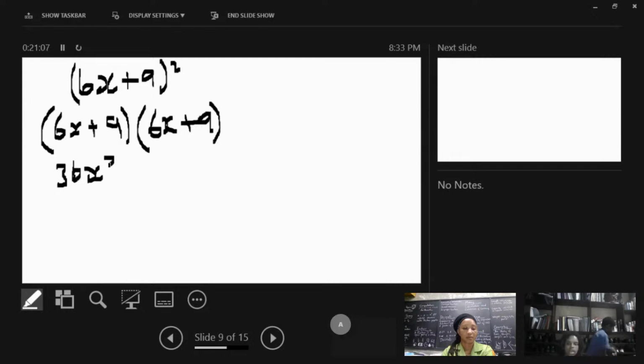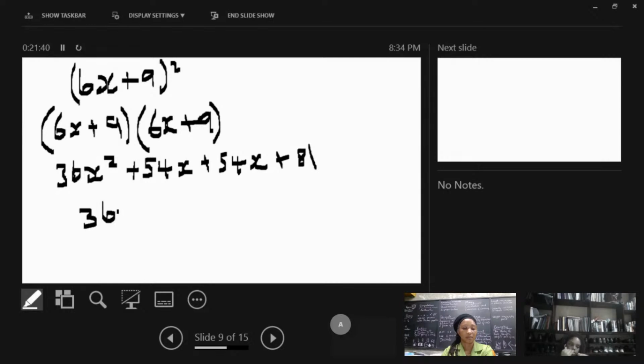And then 6x times positive 9 is going to be positive 54x. And then 9 times 6x is positive 54x. And 9 times 9 is 81. So it would be 36x squared plus 108x plus 81.